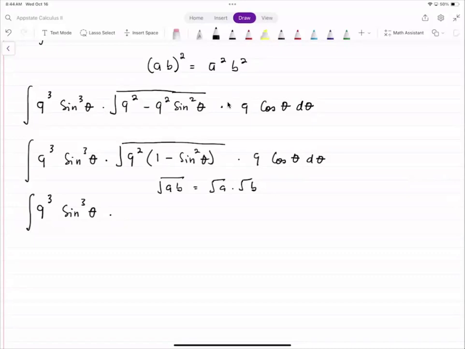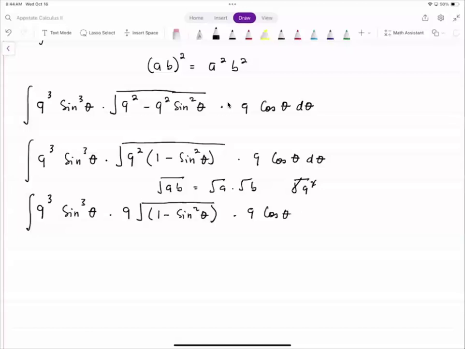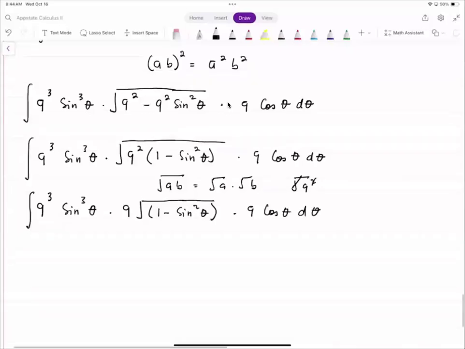The square will cancel the square root. So you're going to get 9 square root of 1 minus sine squared theta here, times 9 cos theta d theta.